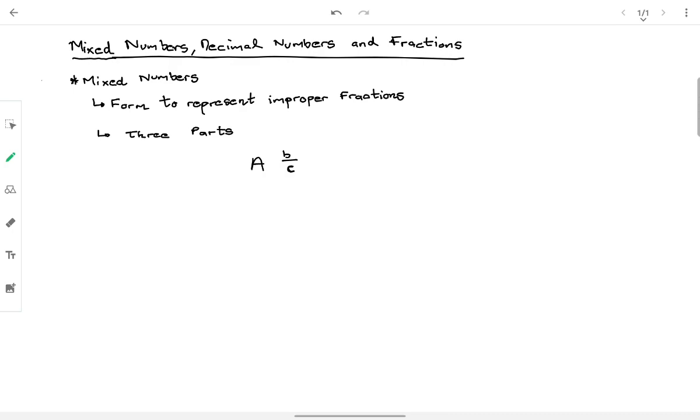They have three parts. The first part, represented by a big number, is the wholes, an integer number, and it also has another part that is a normal fraction with a numerator and a denominator.